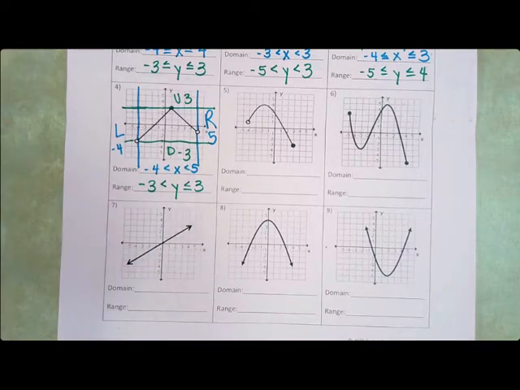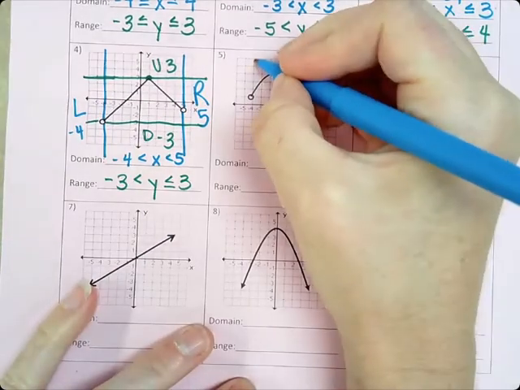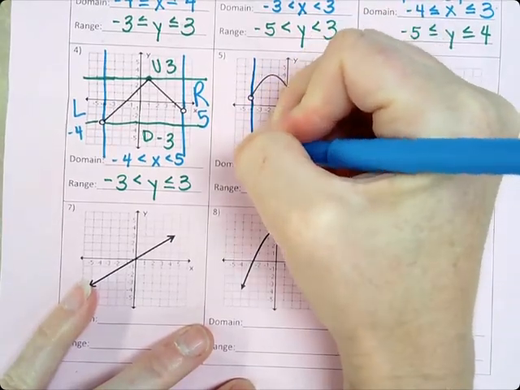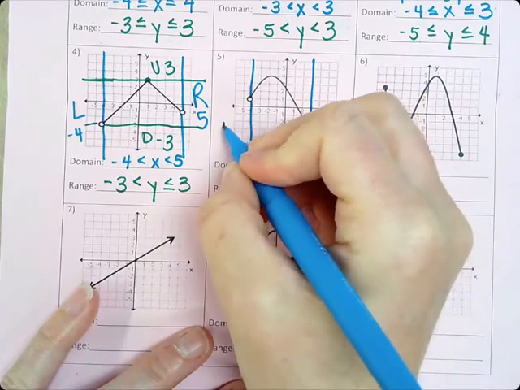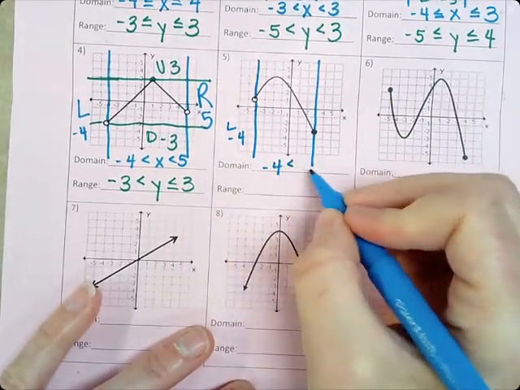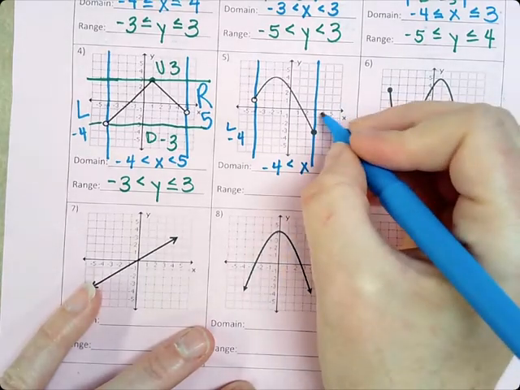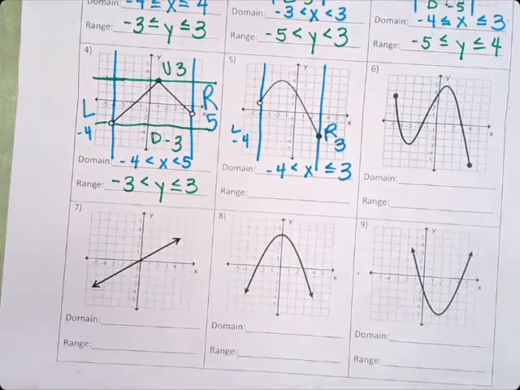Okay, so hopefully you've had time to do that. So let's look at domain. And it is left to -4. It's open circle, so it's just less than x. Then it goes right to +3, so less than or equal to 3.